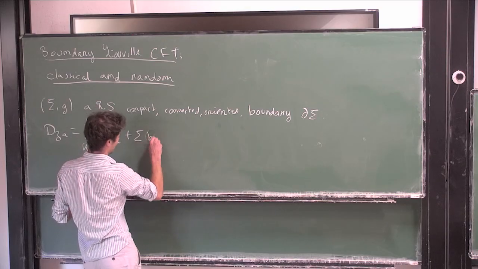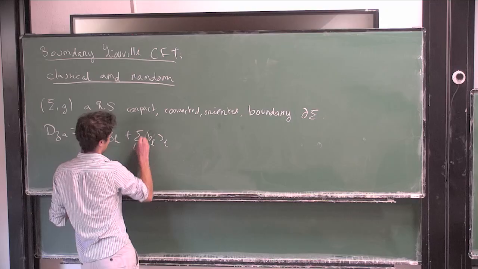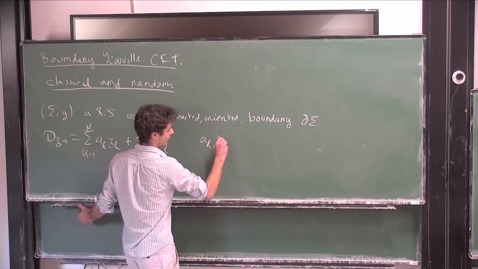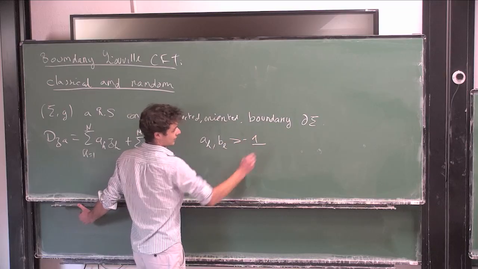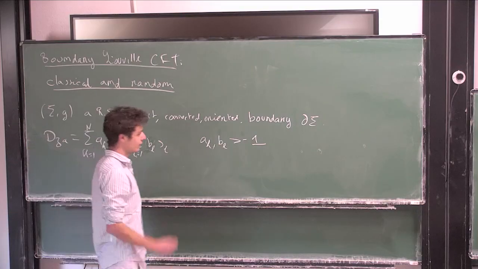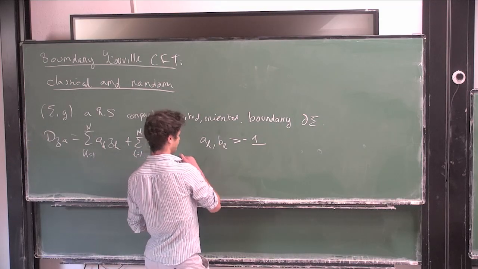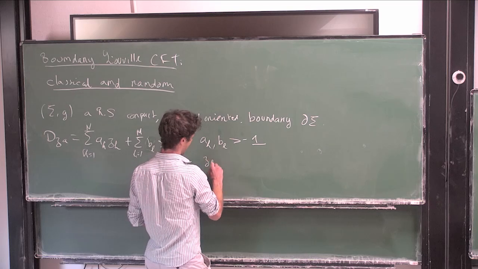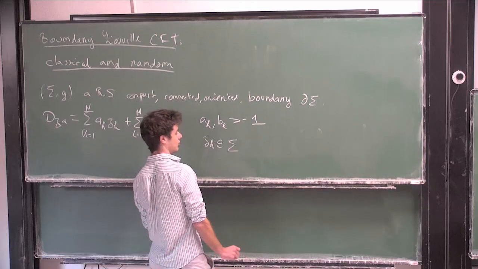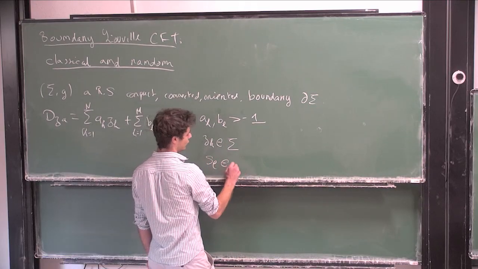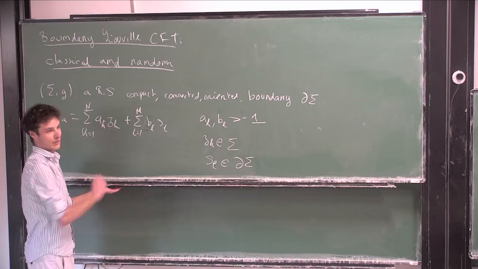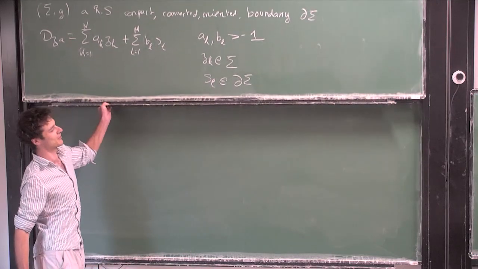Many people call this a divisor. The weights α_k and β_m are assumed to be strictly greater than -1. The z_k are points, punctures on the surface, and the s_l belong to the boundary of the surface. So we will keep this protagonist for the rest of the talk.